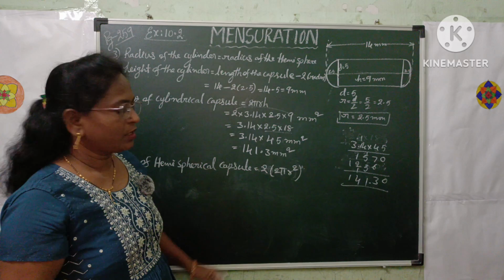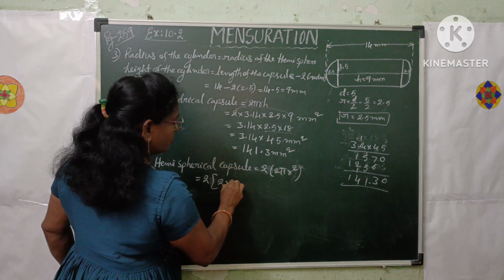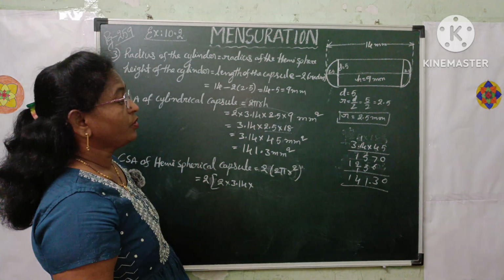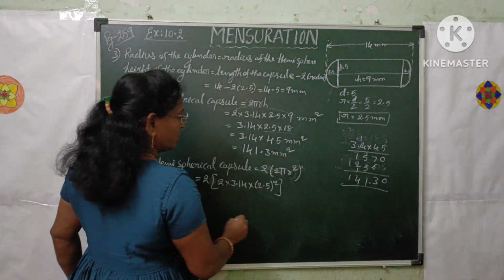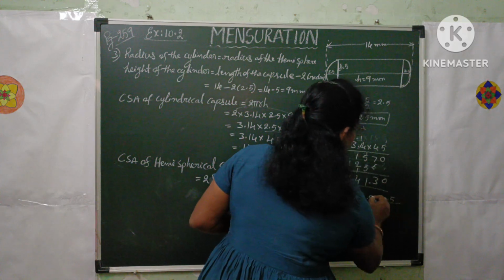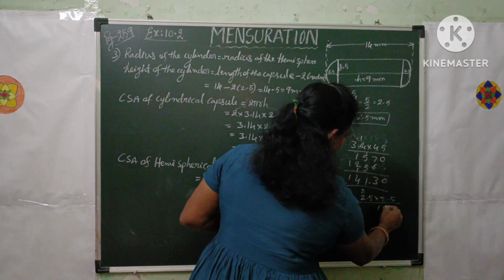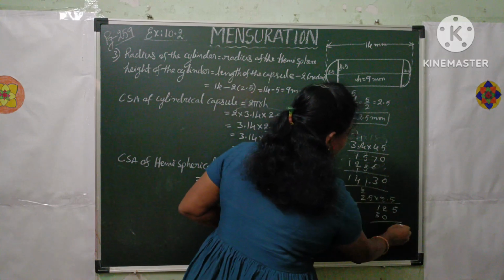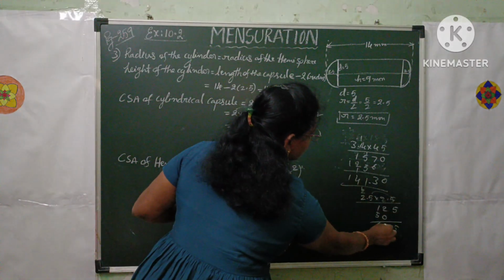So 2 hemispheres are there, so that is 2 into 2 into pi value 3.14 into r square. r is 2.5. 2.5 whole square is 2.5 into 2.5, which is 625. Count two decimal places and here keep the point.